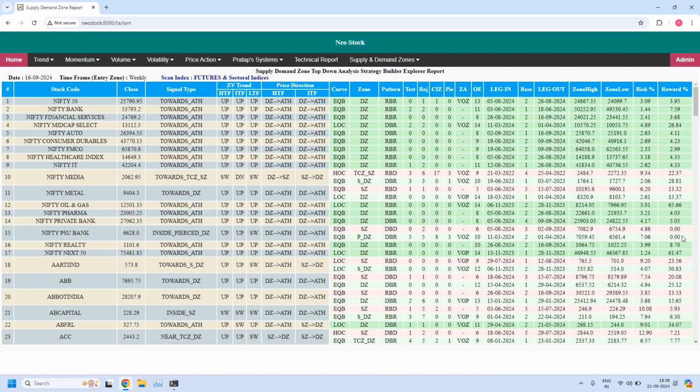We have all 199. We need to scroll down to see the remaining stocks. Before that, please understand, the first 17 in this list are indices. That includes all the sectorial indices. Apart from that, all the remaining are equity stocks. The equity stocks list is filtered from F&O listed companies, but they are all equity stocks. So I keep on scrolling the list down. Whichever stock you want to refer to, please pause the video there.